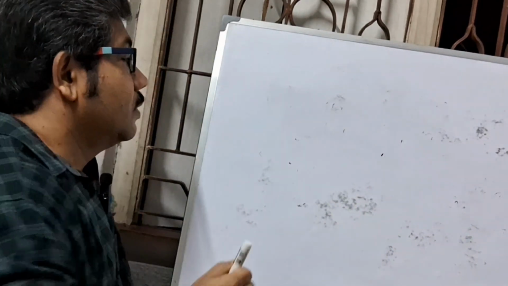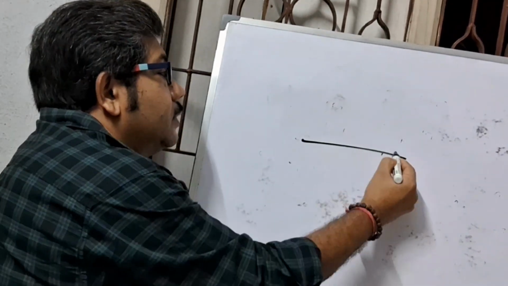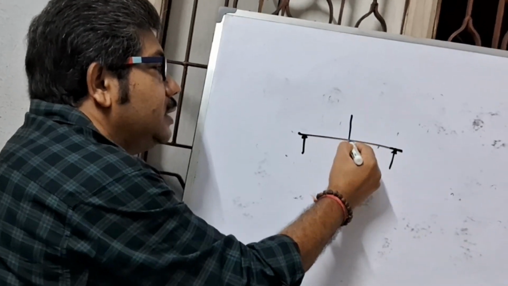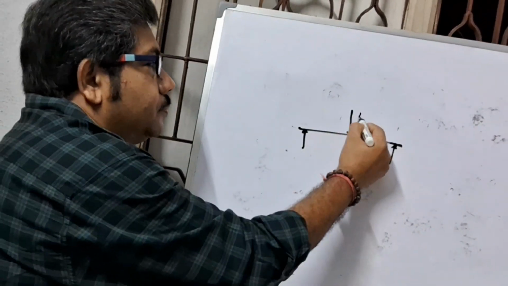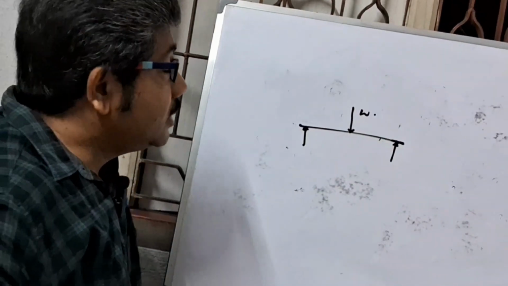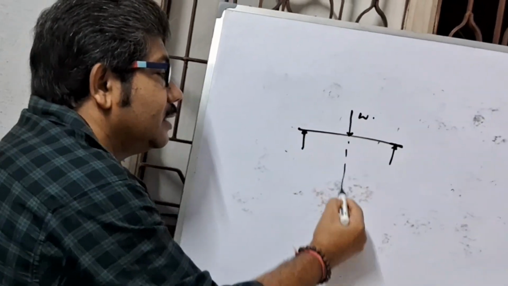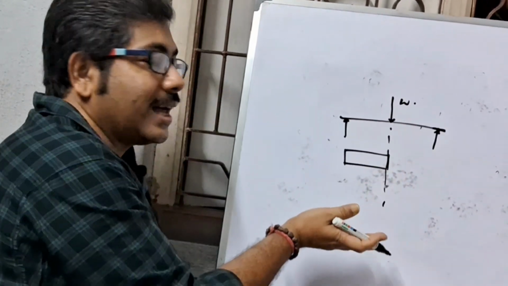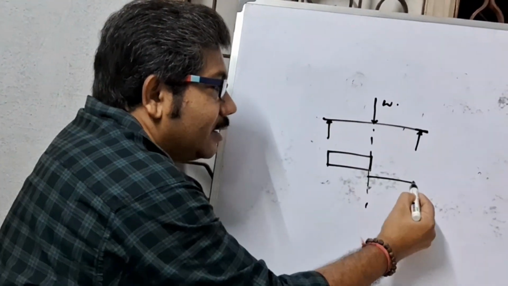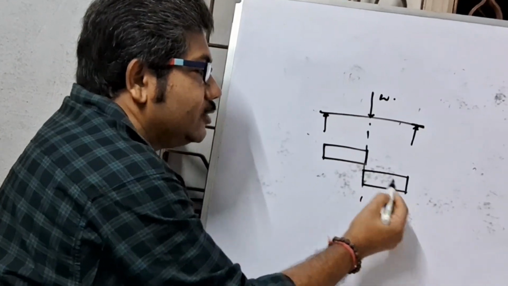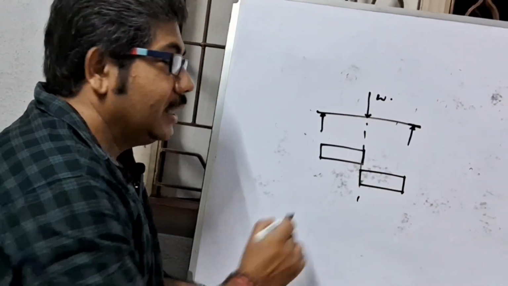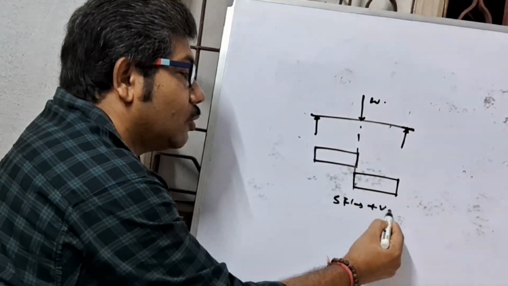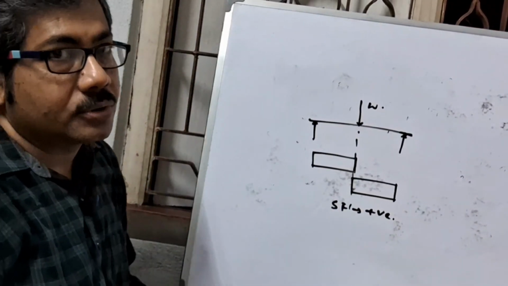If the beam is loaded and due to which its left hand portion tends to slide upward and right hand portion tends to slide downward, then this shear force is called positive shear force.